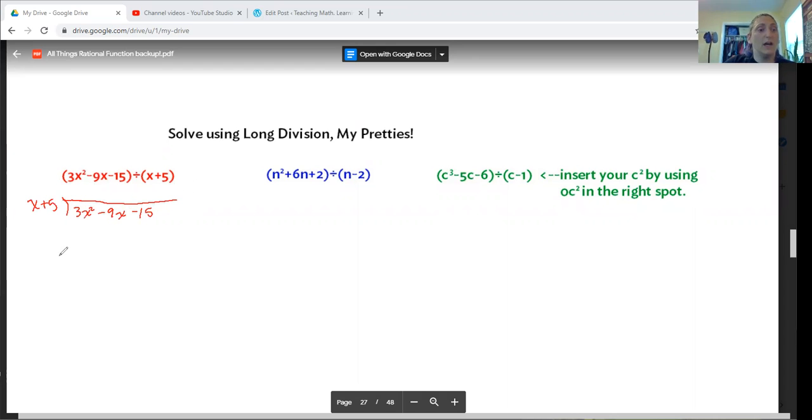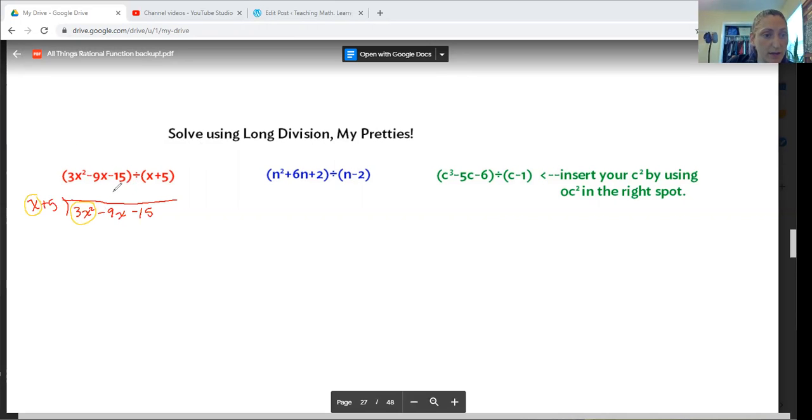I'm going to think to myself, just look at the first terms. What do I have to do to x to turn it into 3x squared? Well, I would have to multiply it times 3x, right? Yes, I would, because x times 3x is 3x squared.